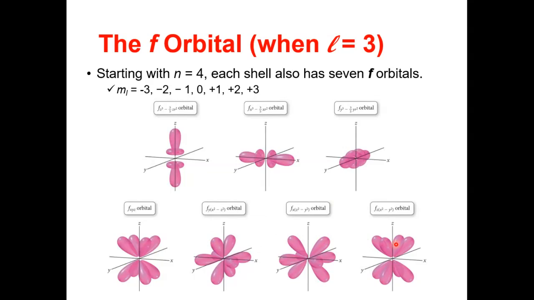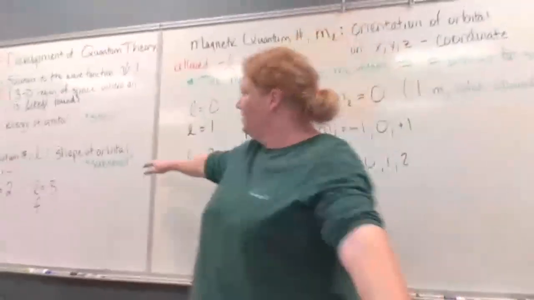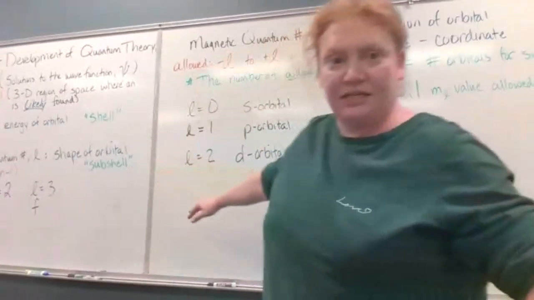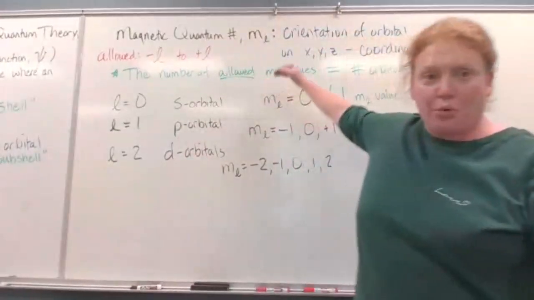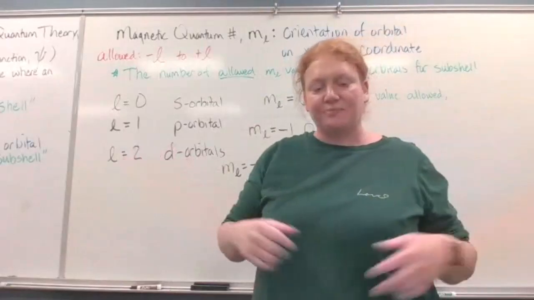And orbitals only get more complicated the higher you go in shell energy level and the higher your subshell value gets, because you just have more and more magnetic quantum numbers, more orientations allowed.